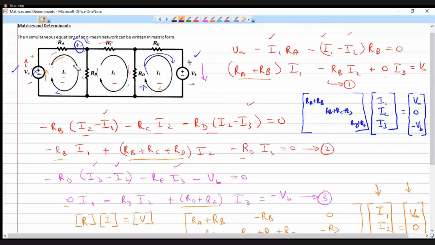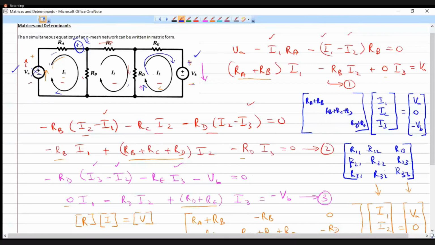Now coming to the off diagonal elements. Let me call this R11. Generally we can call the resistance matrix elements R11, R22, R33 the diagonal elements, and this is R12, this R13, this R21, R23, R31, R32.